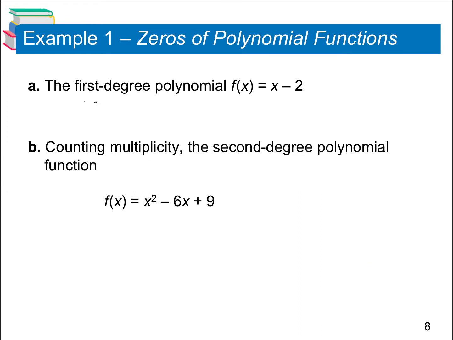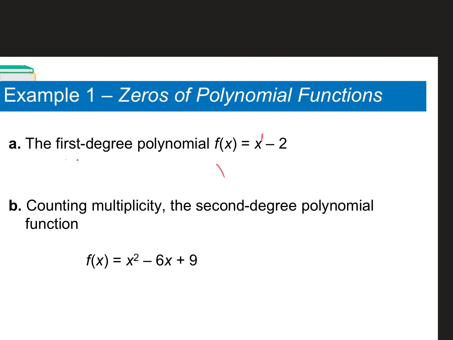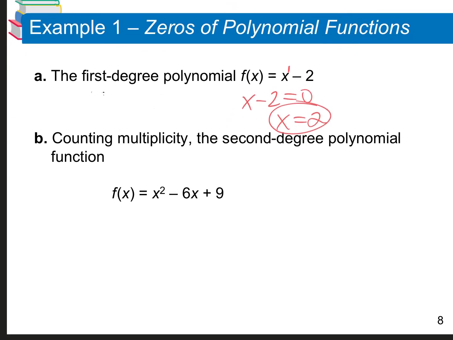So if you're finding the zeros of a polynomial, this is a first degree polynomial, yes? So how many answers are we going to have? 1. When I set this equal to 0, I have x minus 2 equals 0. So x equals 2. Everybody agree? Yeah? Okay. So here, set this equal to 0. How many answers am I going to have? 2.